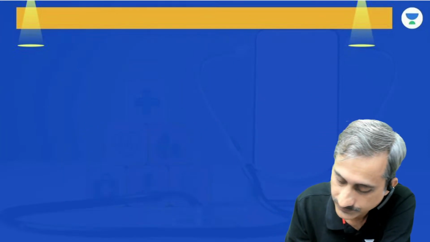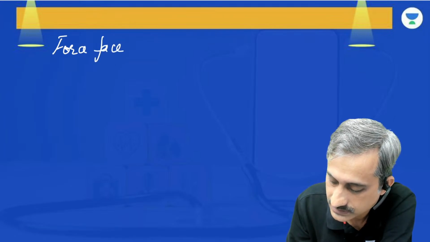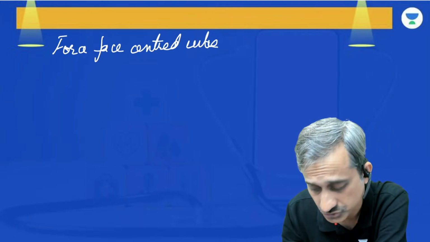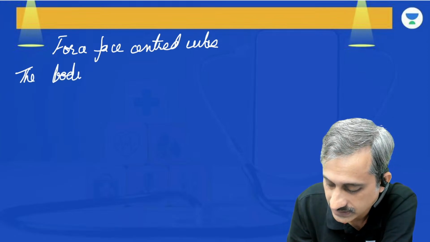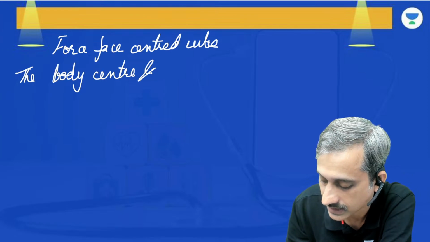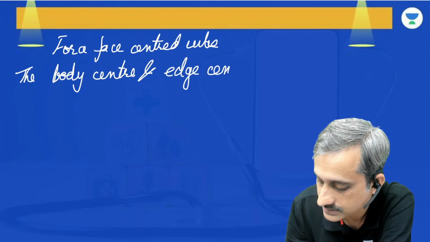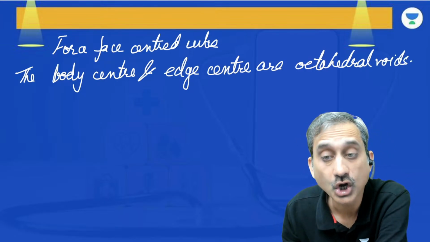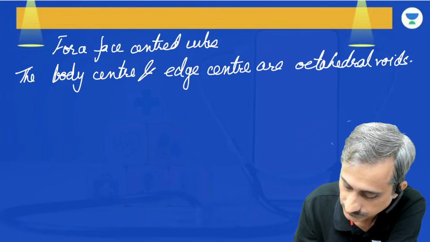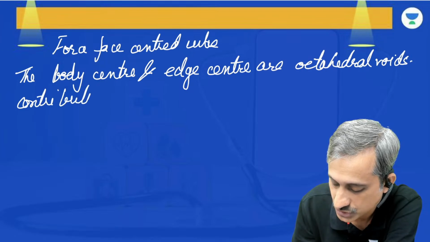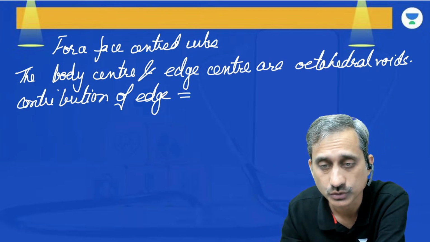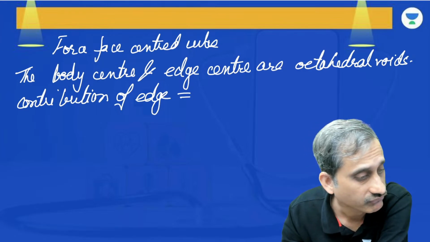So what we can say is for a face-centered cube, the body center and edge center are octahedral. Okay. Now let's talk about the contribution of octahedral voids. Contribution of edge. Now you need to remember edge is shared by 4 cubes.